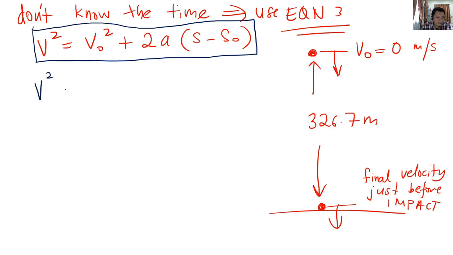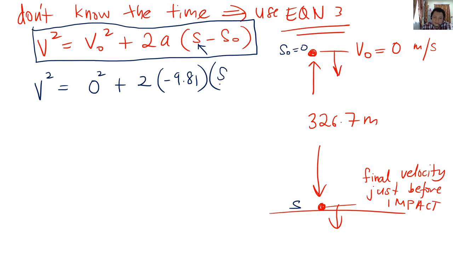V squared final. Original velocity 0. 2 times negative 9.81 times S. What is S? Final displacement. Final is here, S naught is here. We don't know S, right? We know S would be 0. We take the datum at the bottom. What's a datum? Datum is a reference. So final displacement is 0.